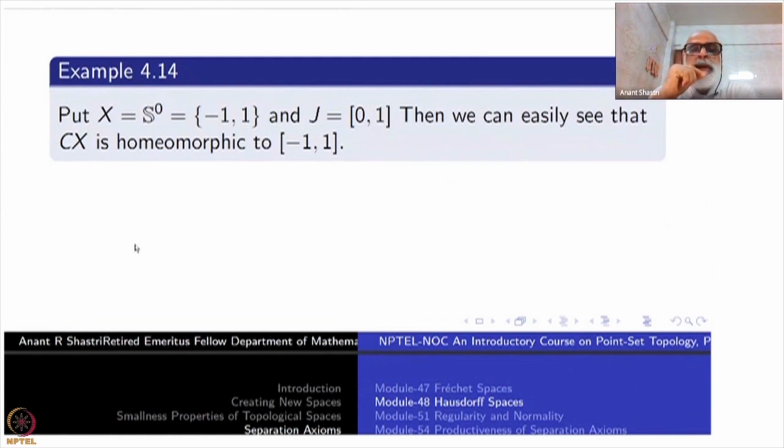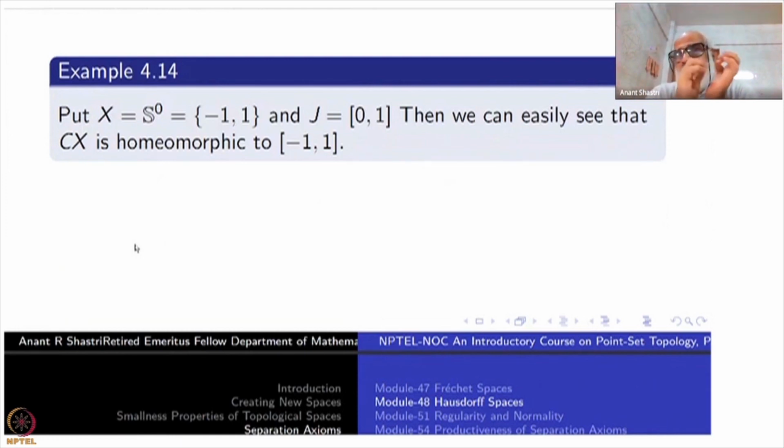What will be the cone of S0? It's easy to see that. First you take S0 cross J. So that will consist of 2 copies of the closed interval 0, 1: minus 1 cross [0,1] and plus 1 cross [0,1]. They will be disjoint copies, right?